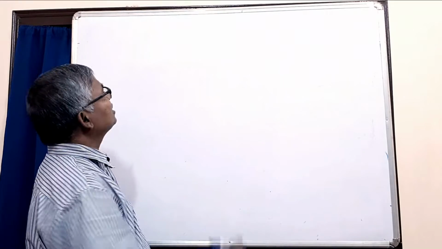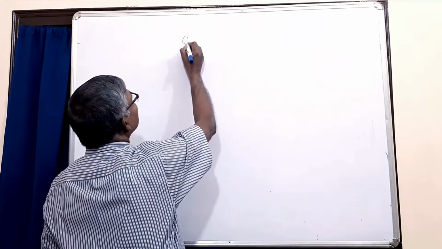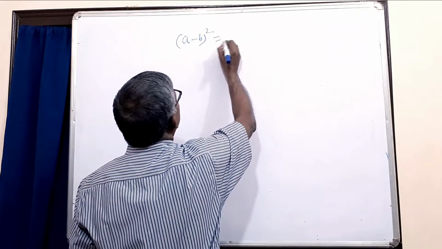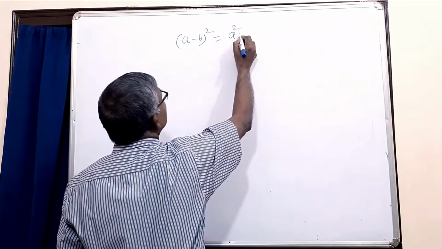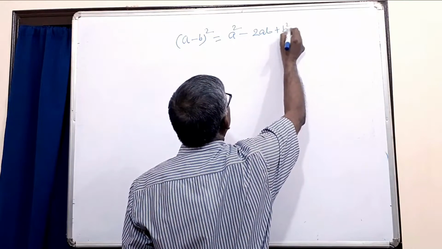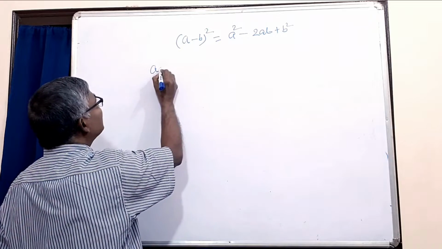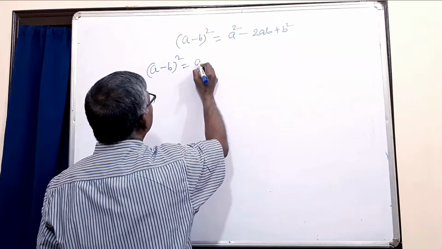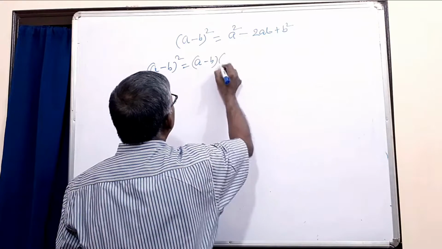Students, let us learn what is the value of a minus b whole square. You know this is a square minus 2ab plus b square. This can be written as a minus b whole square equals a minus b into a minus b.